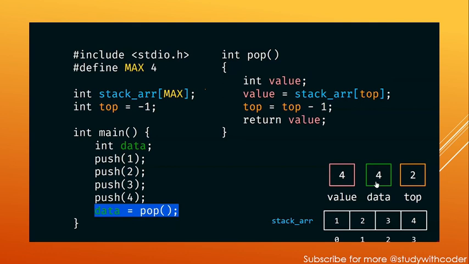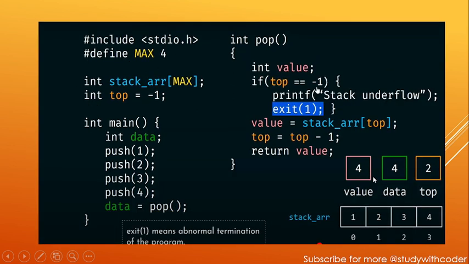Pop means delete operation. data = pop(). int pop: int value = stack_arr[top], top = top - 1, and return the value. Here we want to delete the value 4, so we delete the data. And next also the condition when the stack is empty, so we have to declare stack is empty.